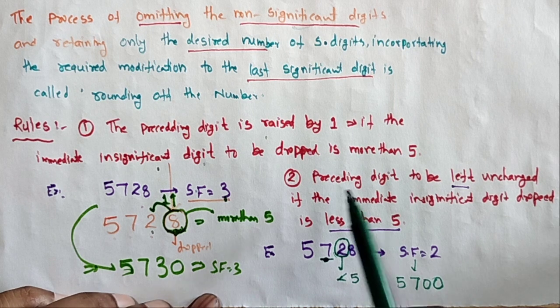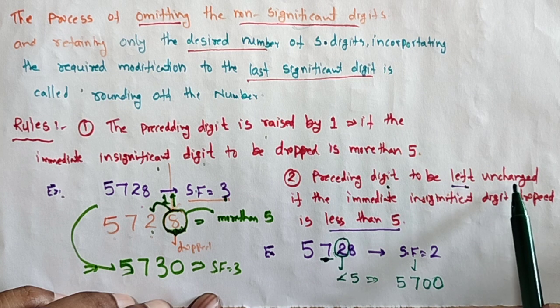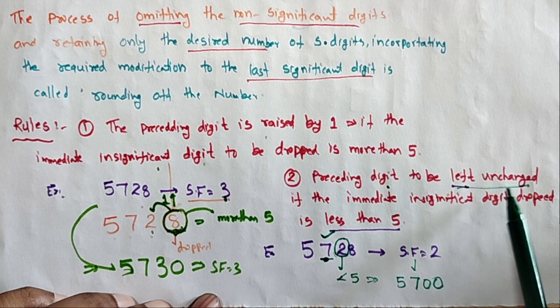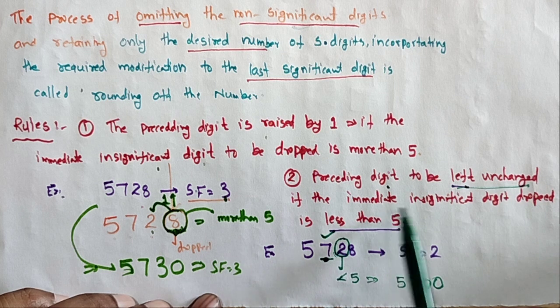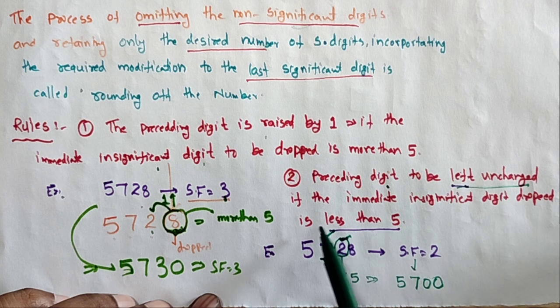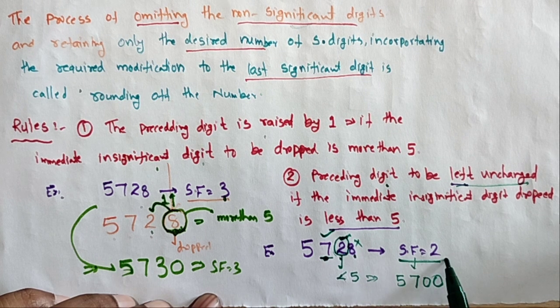So here the preceding digit is left unchanged. This is 7. Left unchanged if the immediate insignificant digit dropped is less than 5. Both are dropped. So don't take the 8. I want significant figures 2.